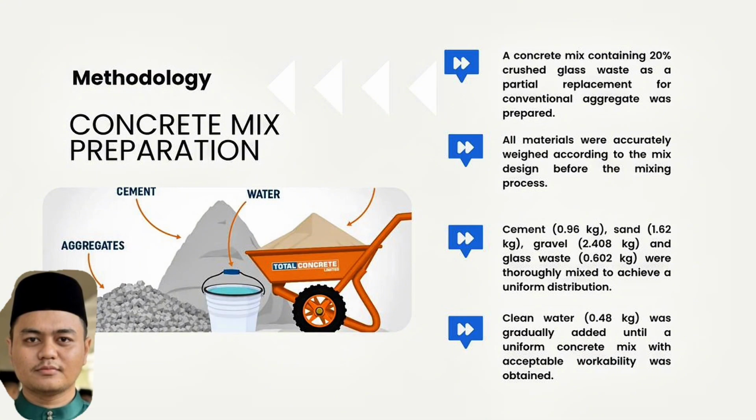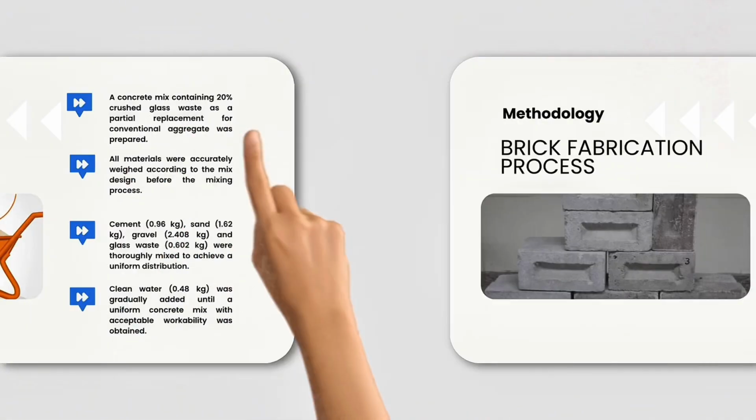Cement 0.69 kg, sand 1.62 kg, gravel 2.408 kg, and glass paste 0.602 kg were thoroughly mixed to achieve a uniform distribution. Clean water 0.48 kg was gradually added until a uniform concrete mix with acceptable workability was obtained.